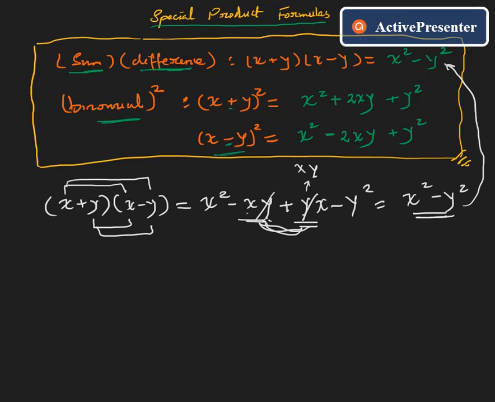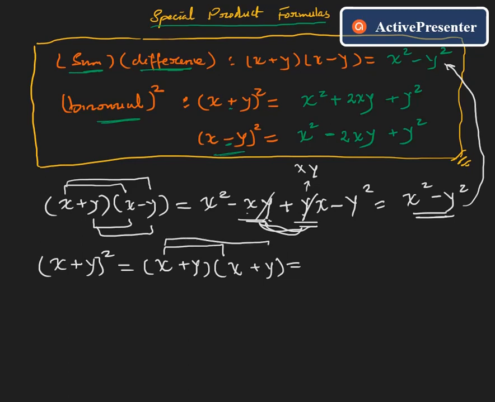Now, what about x plus y all squared? This is equal to x plus y multiplied in x plus y. So using the distributive property, this one multiplied in here, and this one multiplied in here. This one multiplied in here, and this one multiplied in here. So x multiplied in x is x squared.